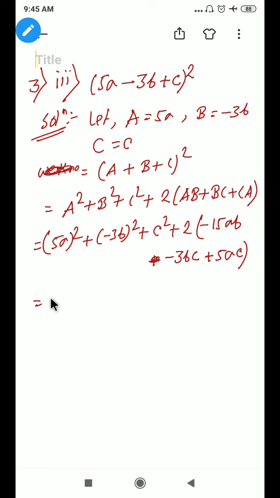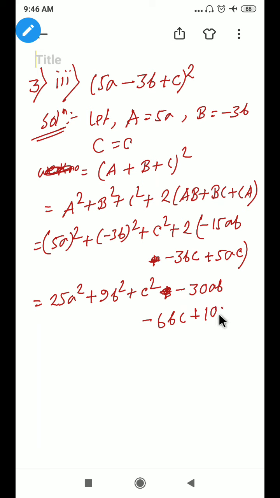Now 5 square will be 25a square plus 9b square plus c square plus, whenever you multiply these two numbers, firstly multiply their signs. Here the sign is plus and here it is minus, so plus minus will be minus 30ab. Here also plus minus will be minus 6bc, plus plus will be plus 10ac.